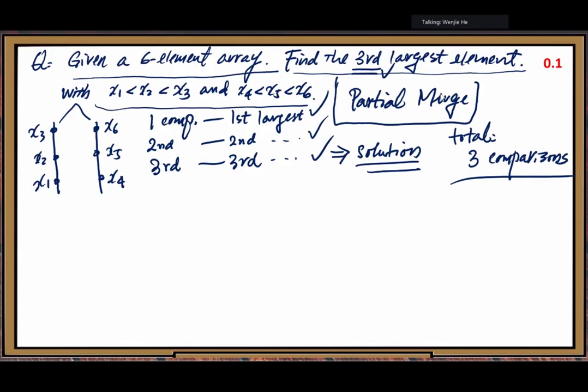But the next question, some of you may want to ask, is whether it is optimal or not. It is simple, but how do we know this solution is the best, right?